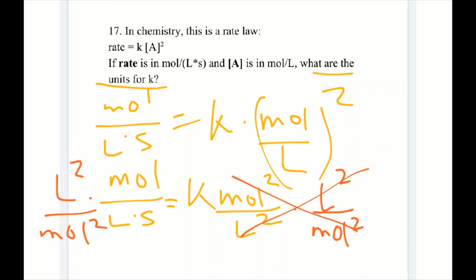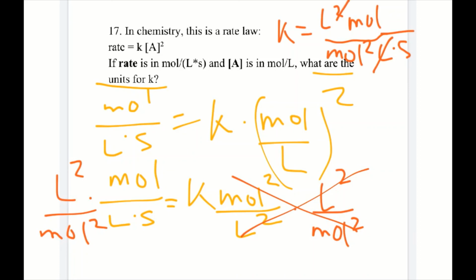So we determined from this that K is equal to liter squared times mole over mole squared times liters times seconds. So now we can start canceling out some stuff. The liter will cancel out, leaving this with a 1. And the mole on the top will cancel out, leaving this with a 1. So let me rewrite this in green. So K will be equal to liters over moles times seconds.